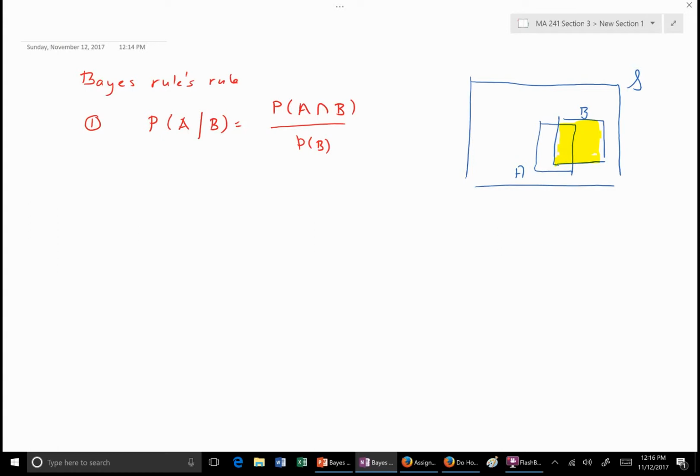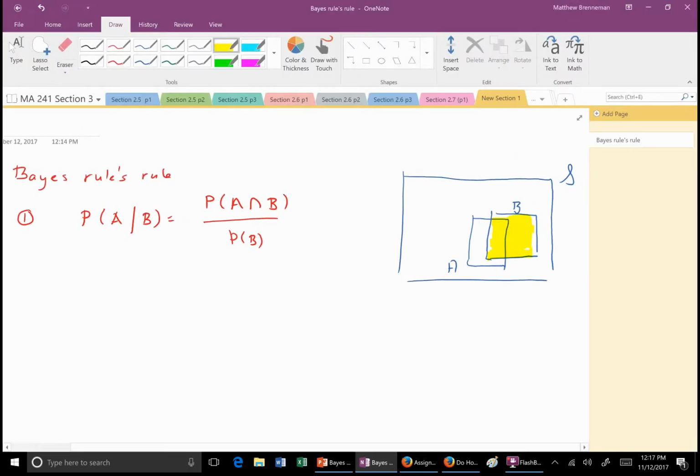And that's what a conditional probability is. So it's the ratio of this yellow area to, let me draw it a little bit differently, this little portion here, right? So this is the percentage of times that A occurs when B occurs. And that's a conditional probability.